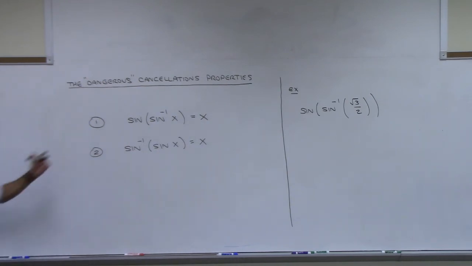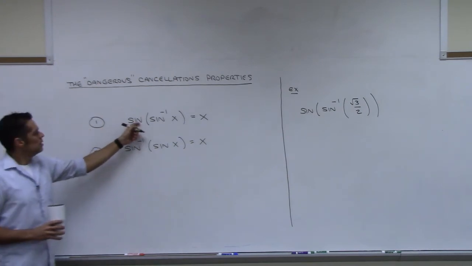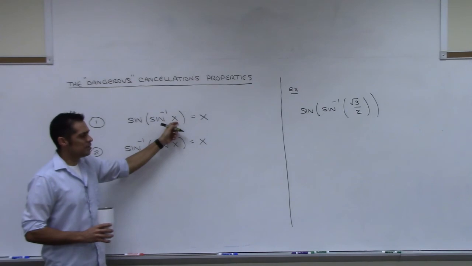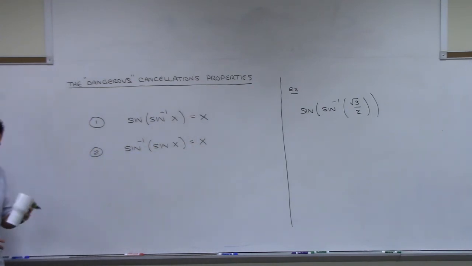That looks a lot like the first property, right? Sine of arcsine of x, the answer should be x, so it looks like the answer should just be root 3 over 2.